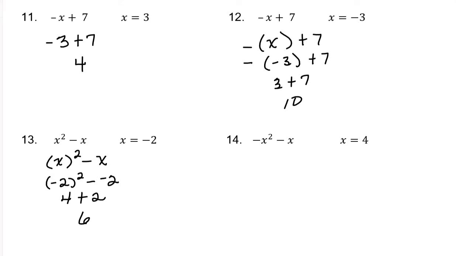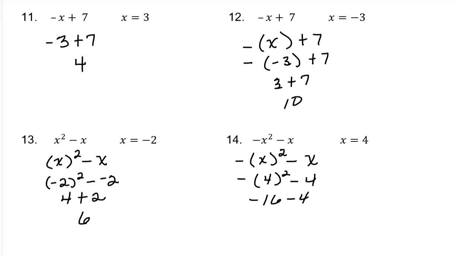On problem 14, I have a negative up front of this x squared, so I can rewrite this with that x being in parentheses and that negative sign or opposite of sign being out in front of the parentheses. So when I substitute 4 in place of x, I'm going to end up with 4 squared, which is 16, and then the opposite of that would be negative 16.